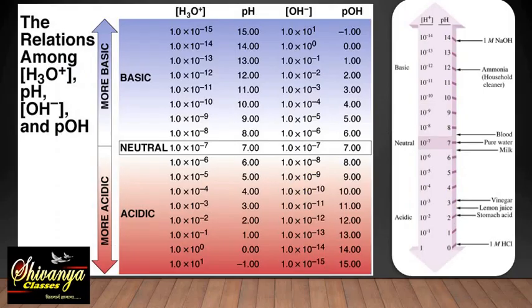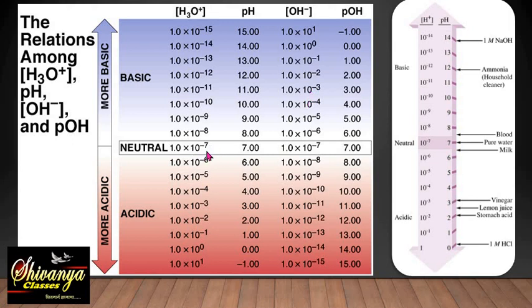Let's see another way. Here is the pH from 1 to 14, up to 15. At 7, here is the concentration of H3O plus ion and here the concentration of OH minus ion. So they become equal.